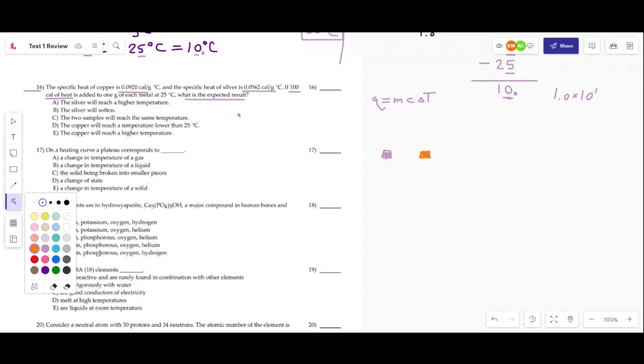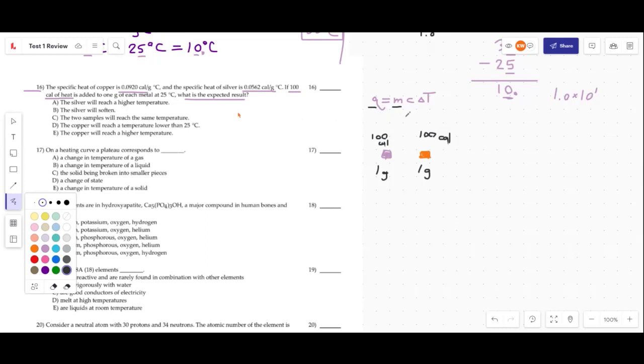So it's 1 gram of silver and 1 gram of copper, and so the mass is the same. In each case, I'm adding 100 calories of heat. So the heat is the same.